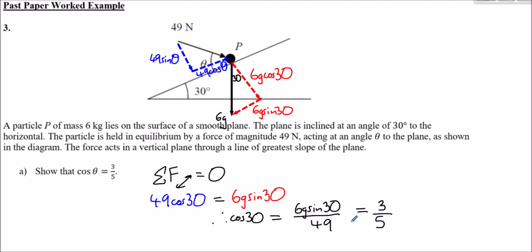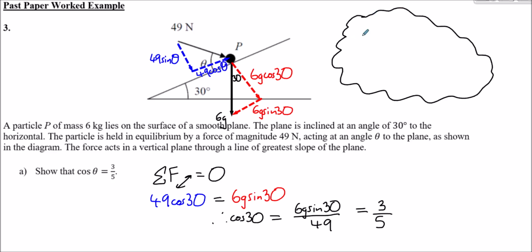But before we go on, I'm just going to mention that we can now work out what theta is. So based off this, because this can help us for part B and part C. So cos theta is 3/5, like we said. We can think of this in terms of a triangle.